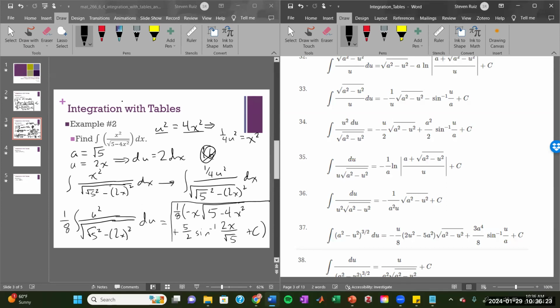Hopefully it doesn't sound like a dismissive answer, but I think the tables are always open to you if a substitution is not jumping out at you, or if you set up integration by parts or even think about setting up integration by parts. I'm not even sure what the parts here would be that would make life easy on us, because either I'm taking the derivative of that radical, which is nasty, or I'm taking the integral of that radical, which I think I might do, but I know it's going to involve an arc sine at some point.